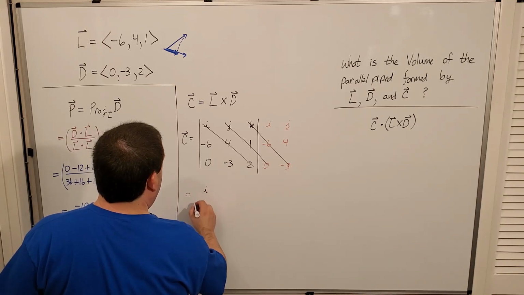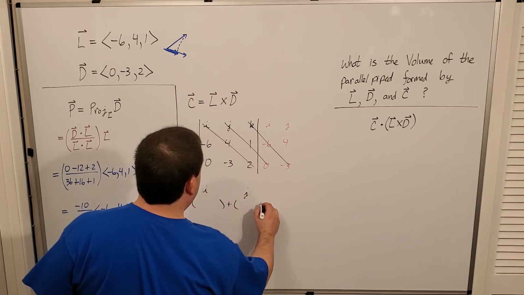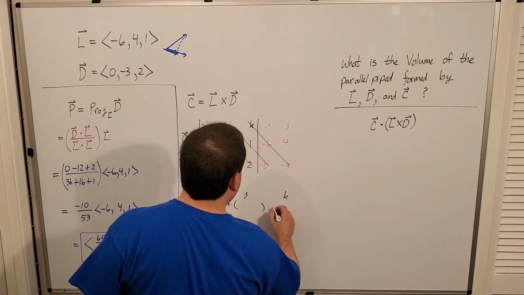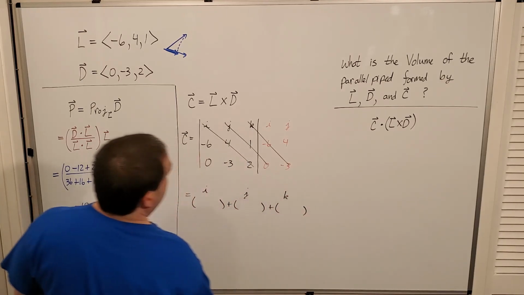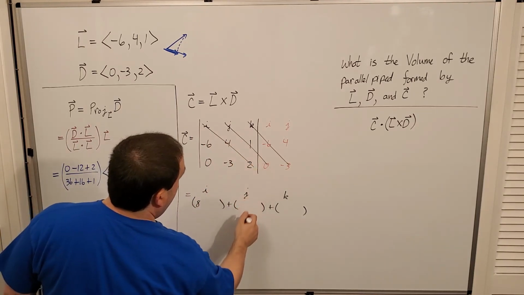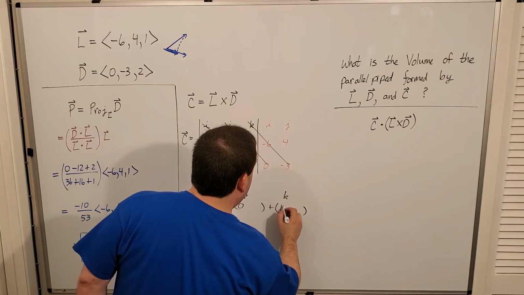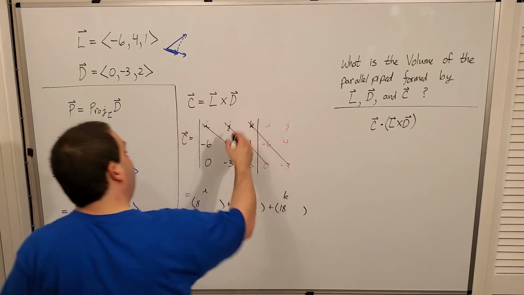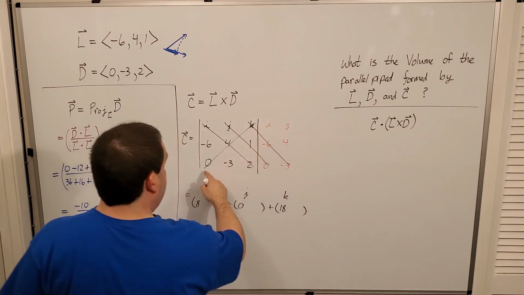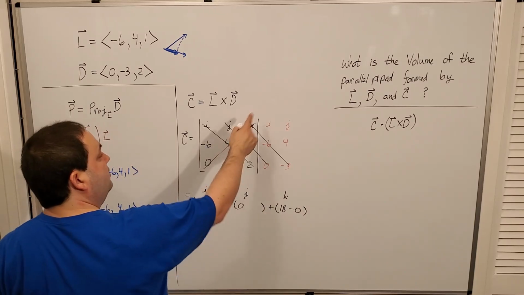So I'll have my I direction, my J direction, and my K direction pieces. I have 8 in the I direction, 0 in the J, and 18 in the K. Then for the other three, I'll have -0, because don't forget the lower ones are the negatives.